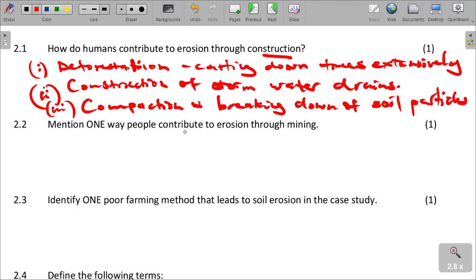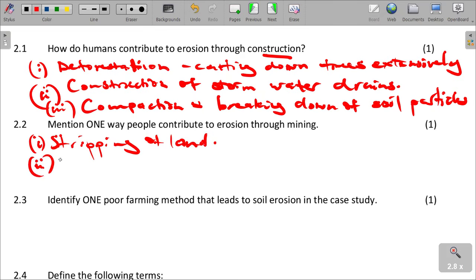Mention one way people contribute to soil erosion through mining. We can talk about stripping of land. When mining is done, land must be cleared. Trees must be cut down.